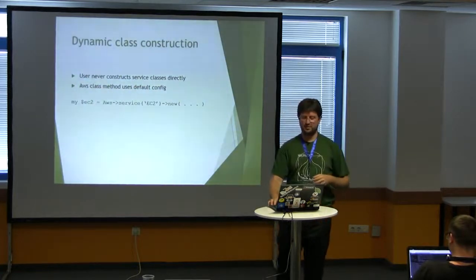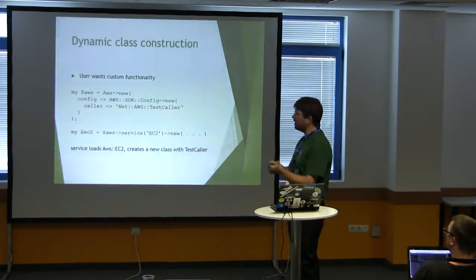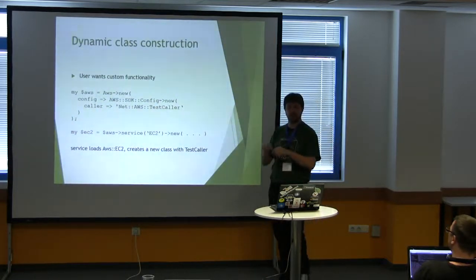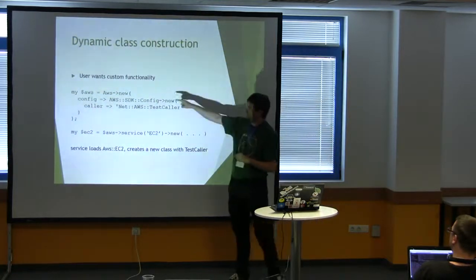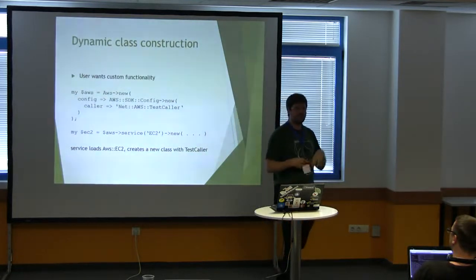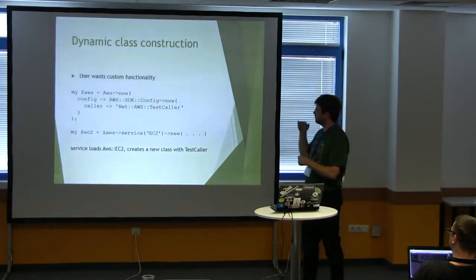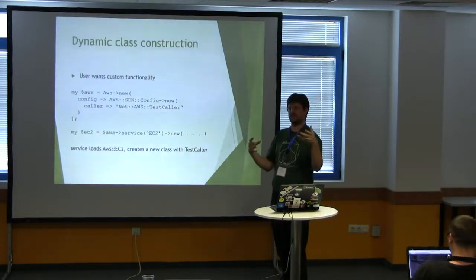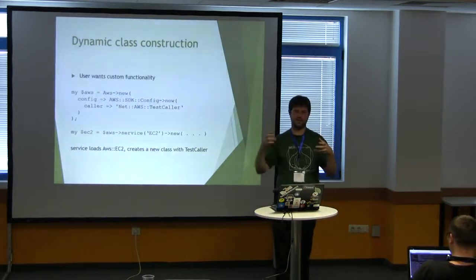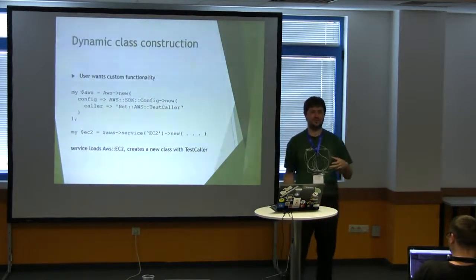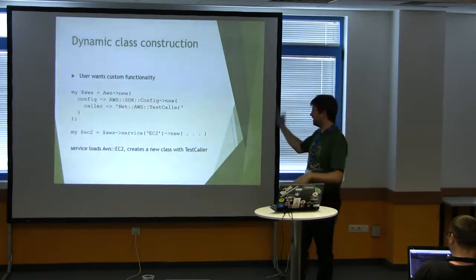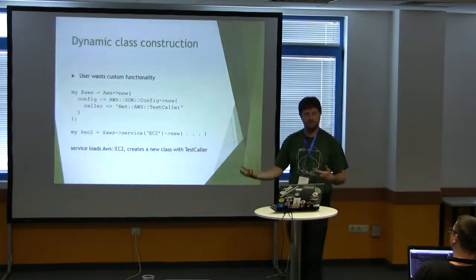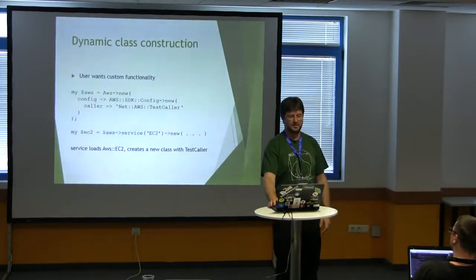And if you want to test and not call the actual services, you say, okay, AWS, configure yourself so that the caller is a test caller. And instead of putting in the role that actually calls the services, it puts another role in, the test caller. And now, boom, you can test your classes.